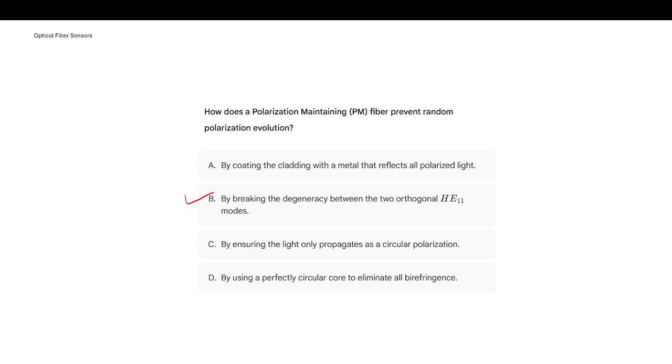So to ensure they have different phase constants, reducing coupling between them. Okay. So the PM fiber prevents random polarization evolution by breaking the degeneracy between the two orthogonal HE11 modes.